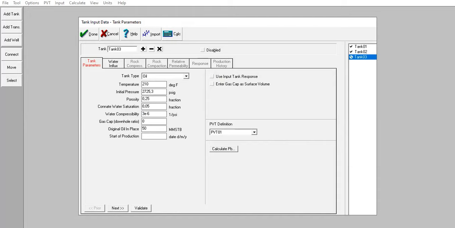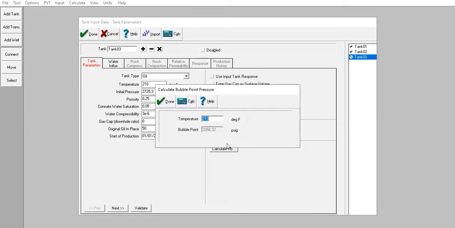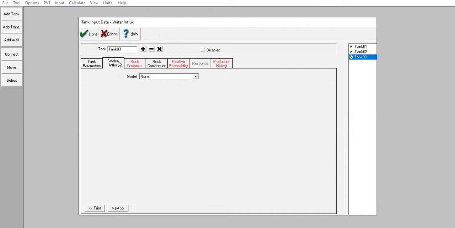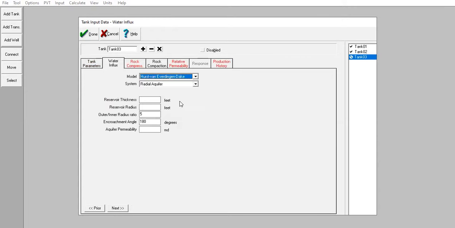Start of production, okay, 2000. Calculate bubble point pressure, the same value. Water influx, this one, okay, 100. Outer to inner radius ratio, 4, 140 for the encroachment angle, 200,000 millidarcies for the aquifer permeability.